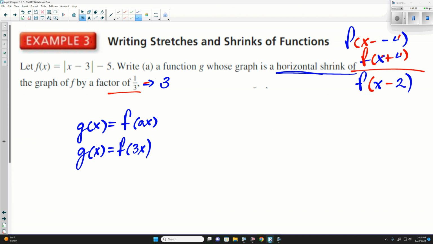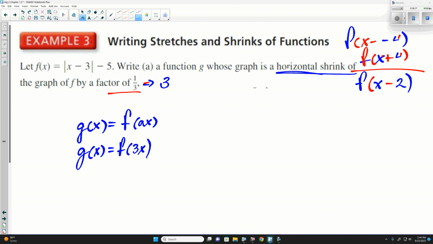One of the things, especially if you notice when we wrote it down the first time, I put make sure to flip A. I would put that down as a note: flip before you plug in, and that's only with horizontal stretch and shrink.